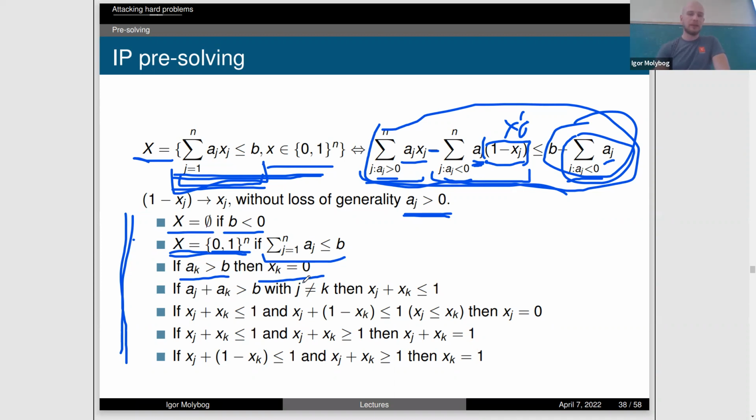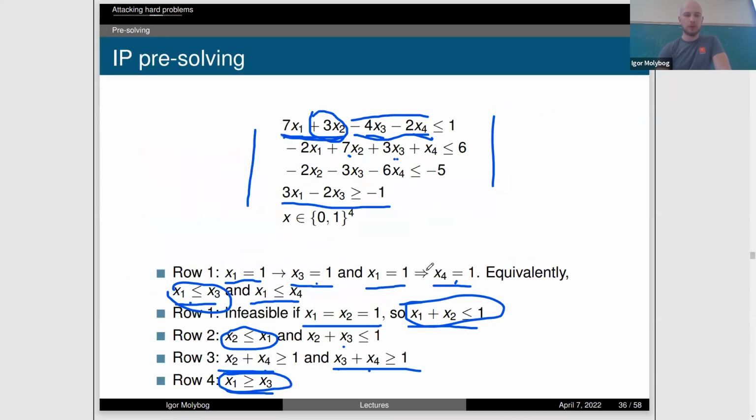Otherwise, the inequality will not be feasible. If aj plus ak is greater than b, then we can add the inequality xj plus xk being less than or equal to 1, which is basically what we were doing, for example, here, or here, or here.